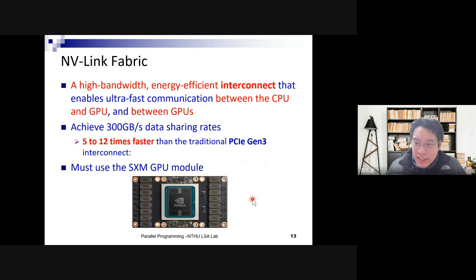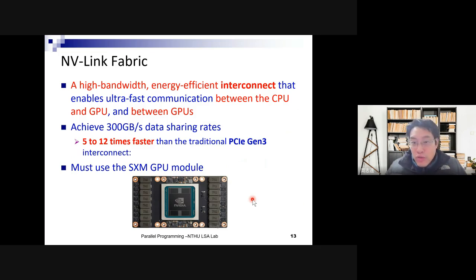It's basically like a link, an external link that can connect between the GPU. The GPU still goes through the PCIe bus to connect to the motherboard, but between GPUs you have this bridge. So if you want to transfer data, you will go through the NV Bridge.